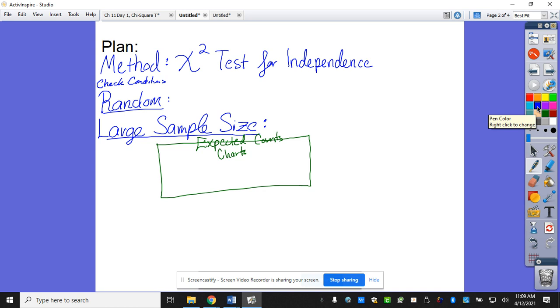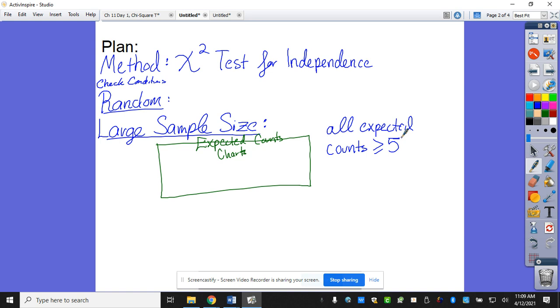But what we're actually checking for is that all expected counts what? So like I said, that's still technically kind of checking the normal conditions. Chi-square distribution is not normal, and that's why we don't call it a normal condition that we're checking.